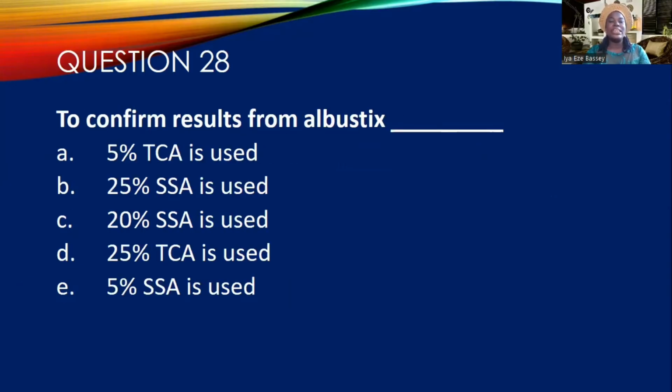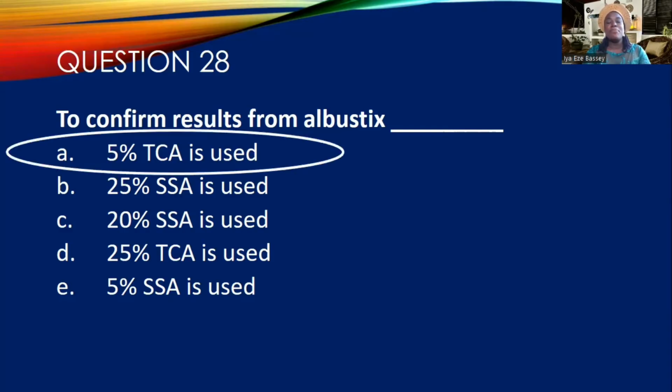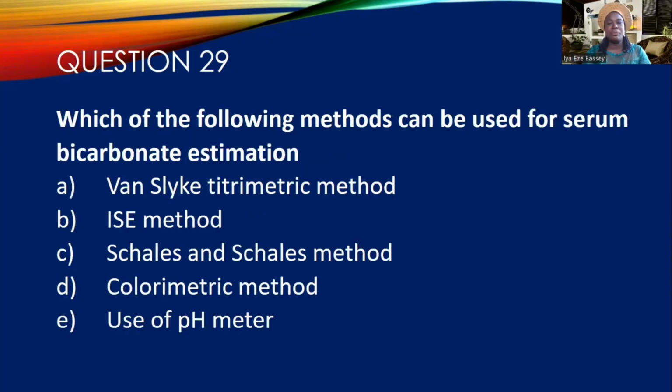So question 28, to confirm results from Albustix, we could use A, 5% TCA, B, 25% SSA, C, 20% SSA, D, 25% TCA, and E, 5% SSA. If you don't work on the bench, you may not know this. But what you use to confirm results from Albustix is your 5% TCA.